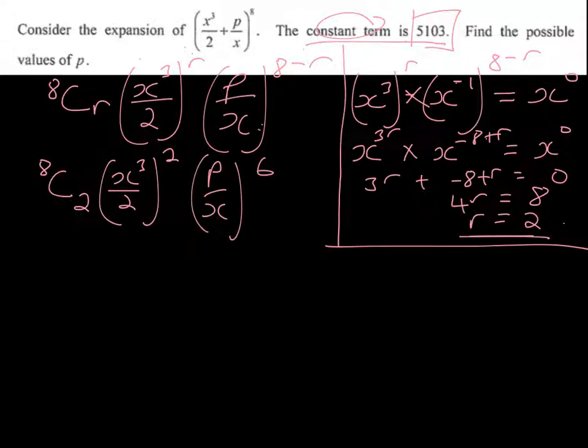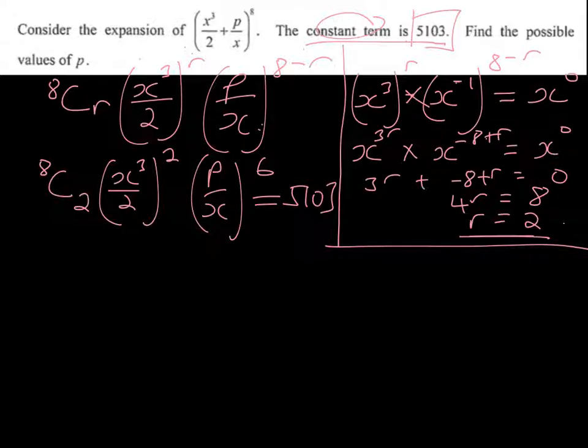Because of Pascal's triangle, you might have ended up with 8 choose 6 here. However, the value will be the same. 8 choose 2 and 8 choose 6 are the same value. Anyway, we know that this term is equal to 5,103.